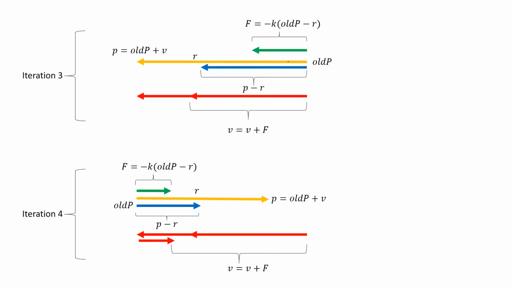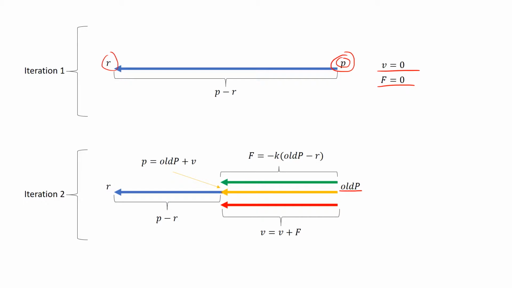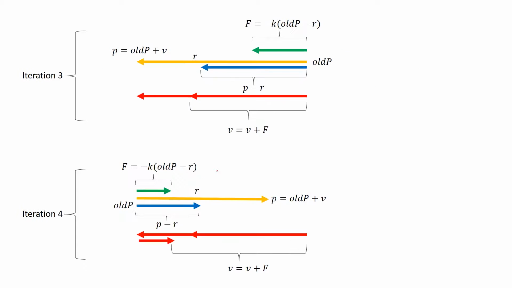So for iteration 3, we now have our old position is where our new position was last time. So our old position is now here, right? And we take half of that.